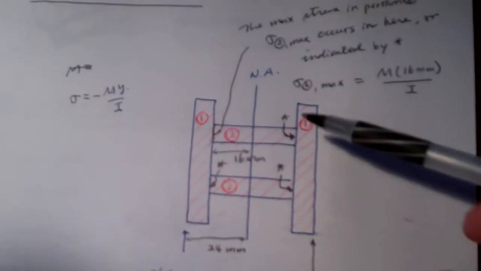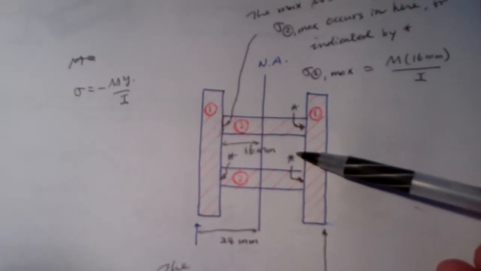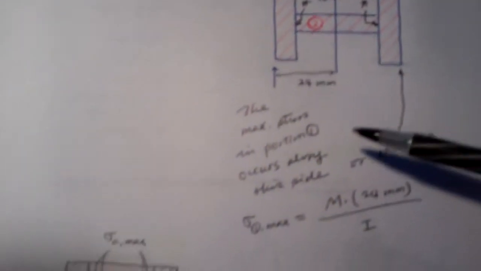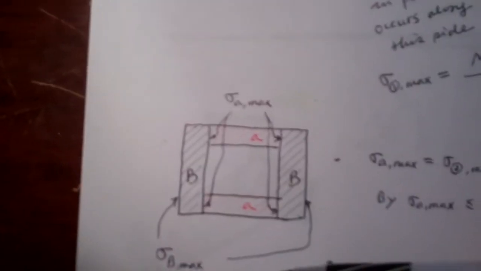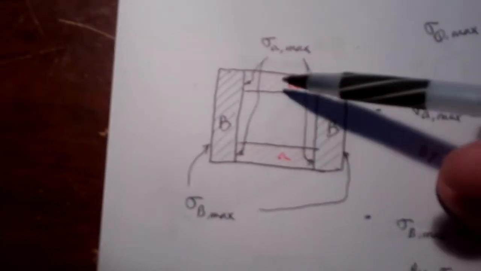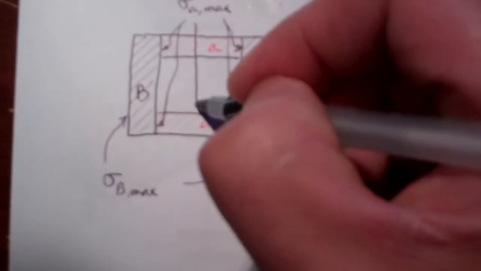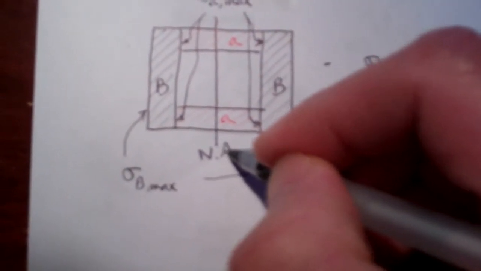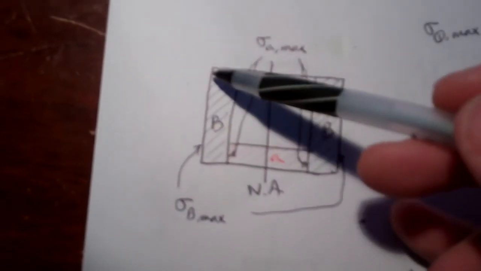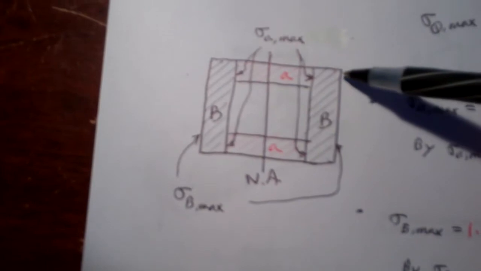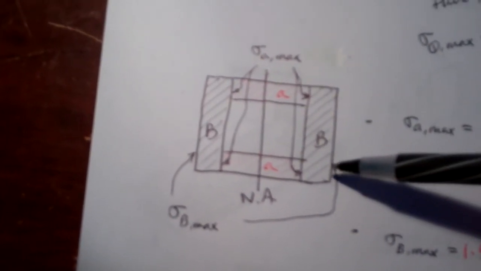Once we calculate the needed information, the stress on the transformed cross section, we translate it onto the original cross section. Again, this is our neutral axis. We're looking for the maximum value in each material. For brass, it will occur here.